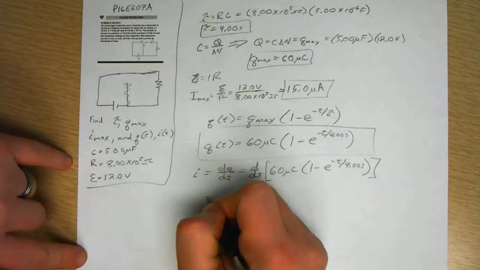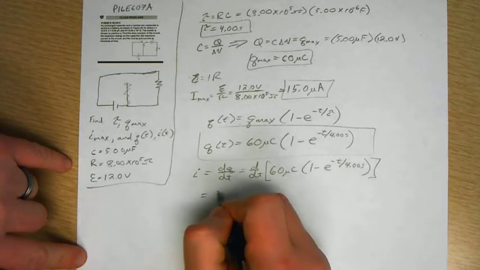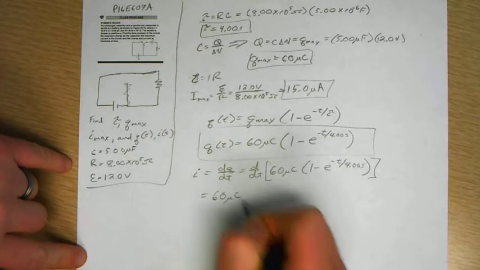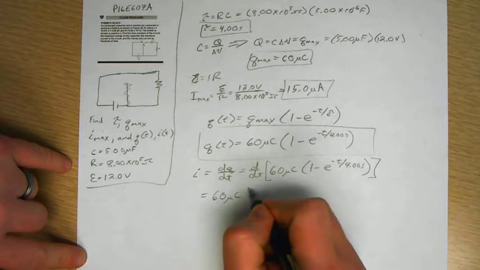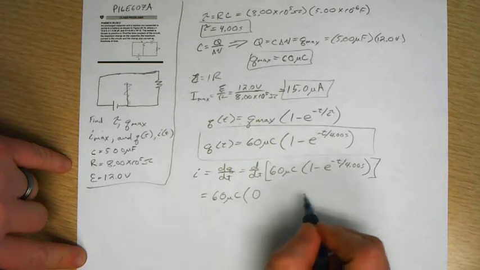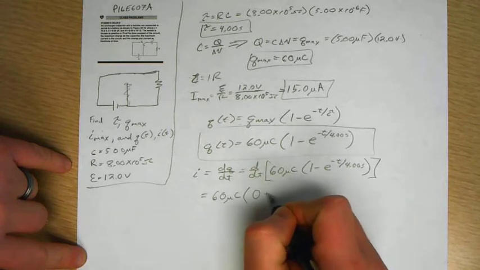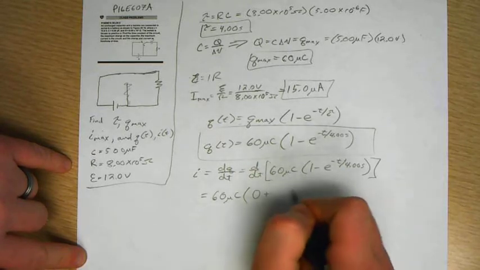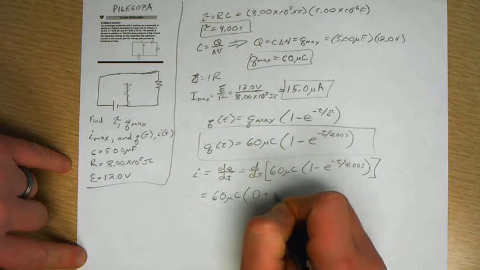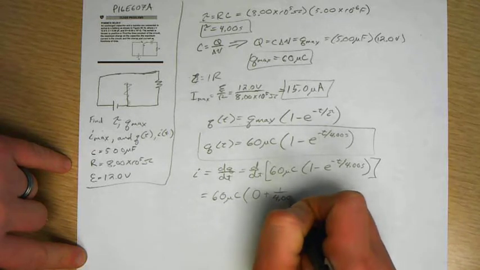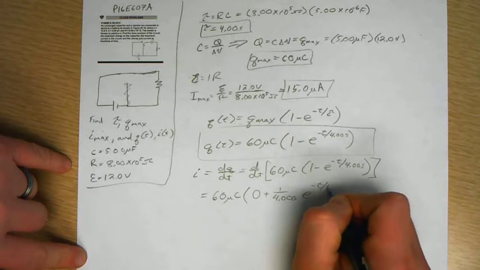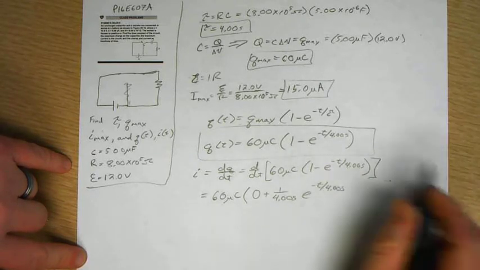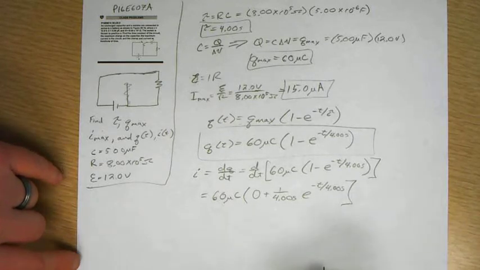So the derivative of that is going to be 60 microcoulombs, that's a constant that just comes out, times the derivative of 1, which is 0, and the derivative of this, which is just plus 1 over 4.00 seconds, times e to the negative t over 4.00 seconds.